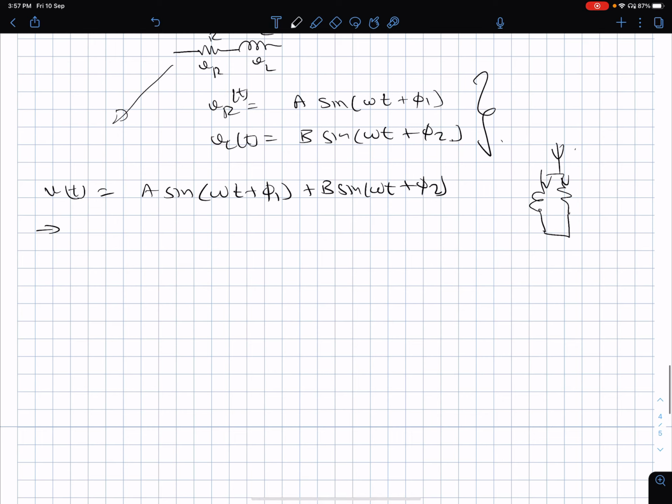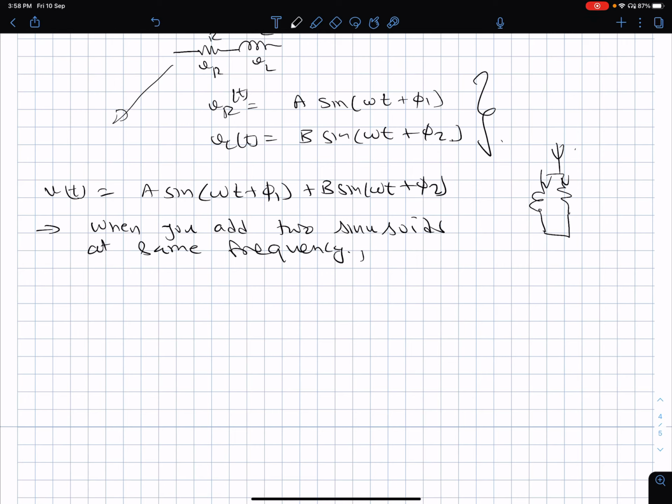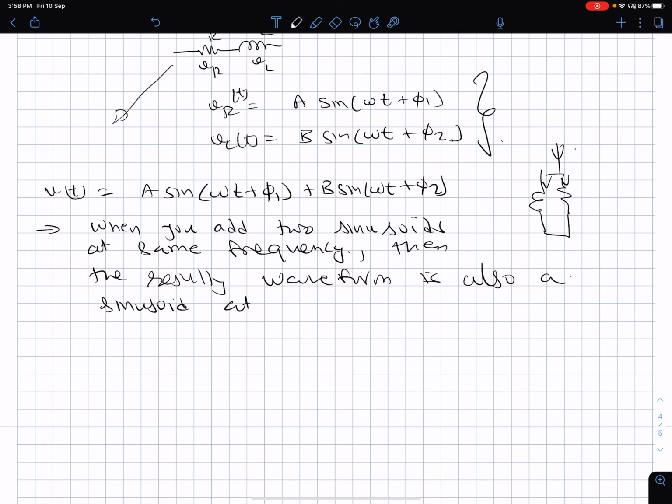Now the point is, what I am trying to say, and I am going to derive that now, is that when you add two sinusoids at the same frequency, they may have different amplitudes and phase shifts, but they are at the same frequency f or in radians per second omega, then the resulting waveform is also a sinusoid at the same frequency.